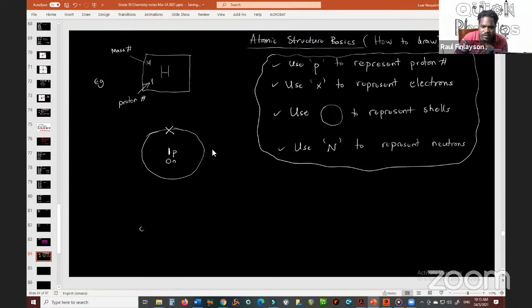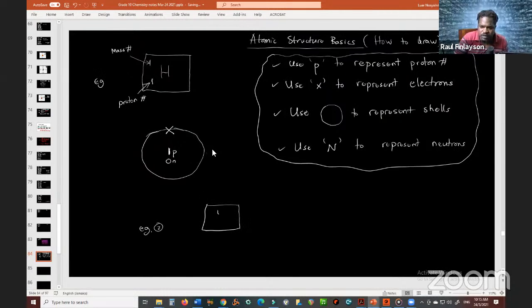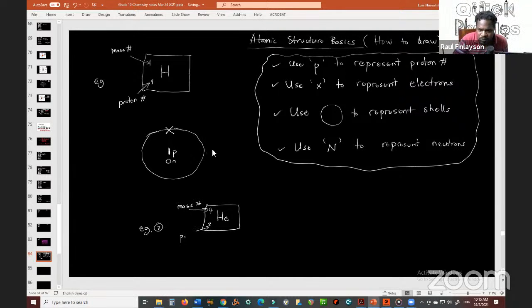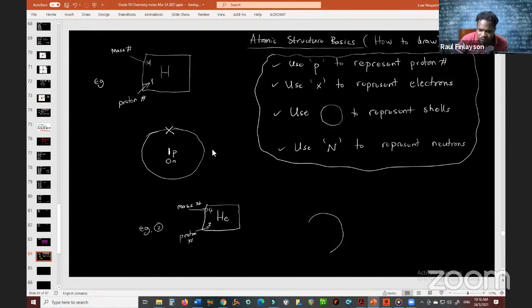Example 2 would be helium, and then we have He, 4 and 2. Again, the 4 is the mass number, and the 2 is the proton number. How would we represent that? Draw the shell, then put in what is inside the nucleus.